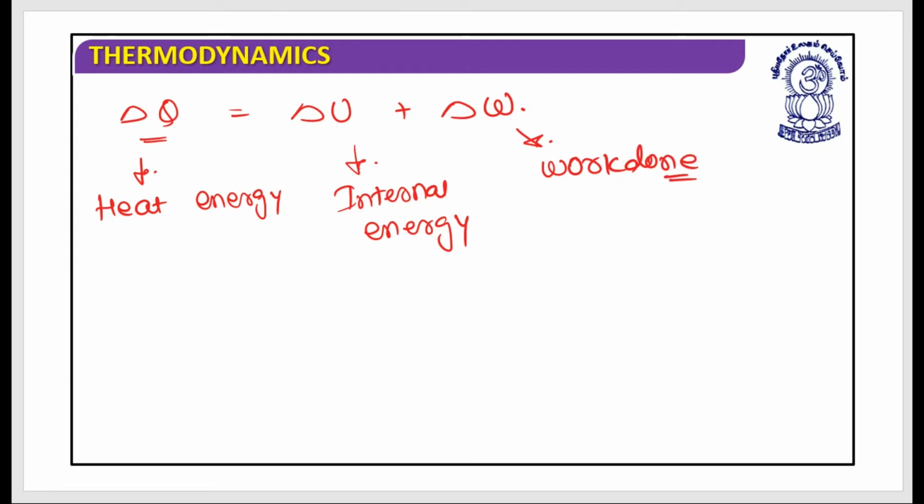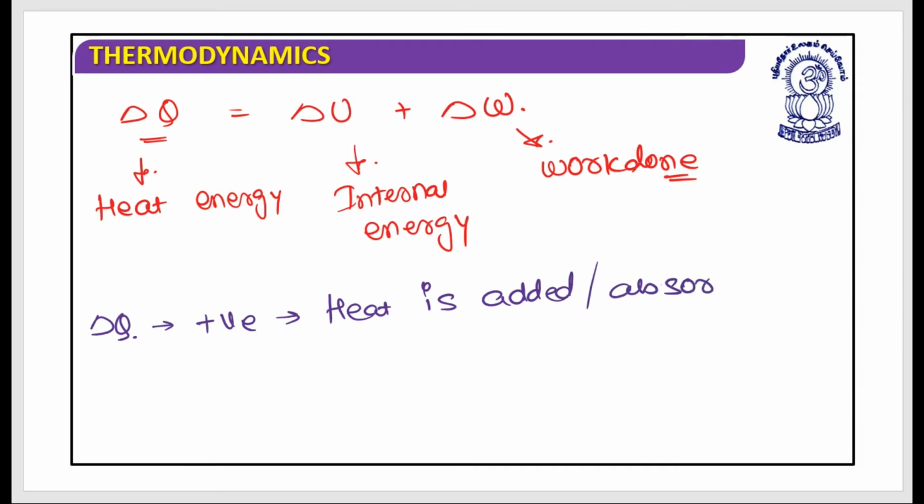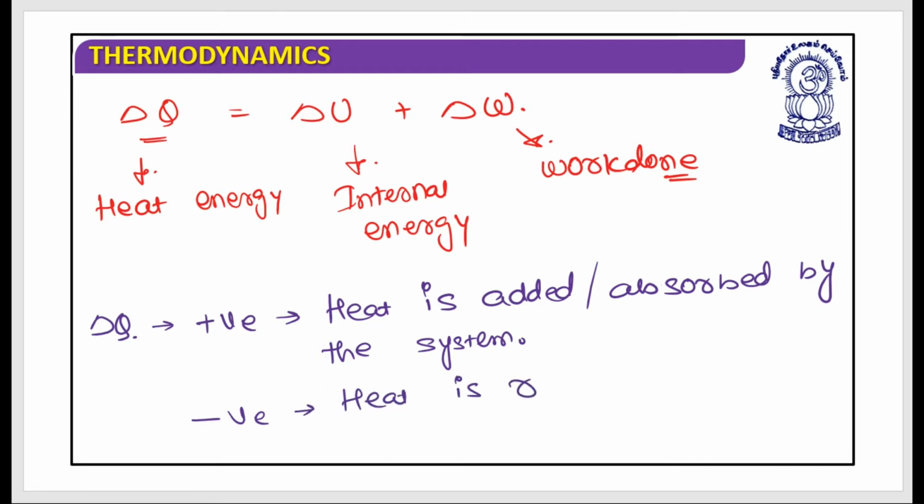When I say delta Q, if delta Q is positive, that means heat is added, or absorbed, by the system. Delta Q is negative when heat is removed or rejected by the system.